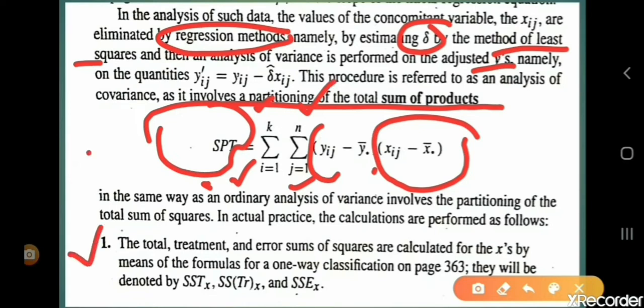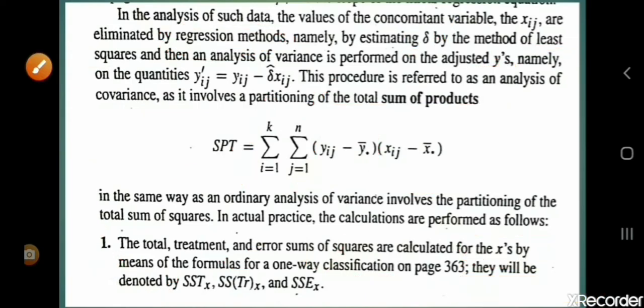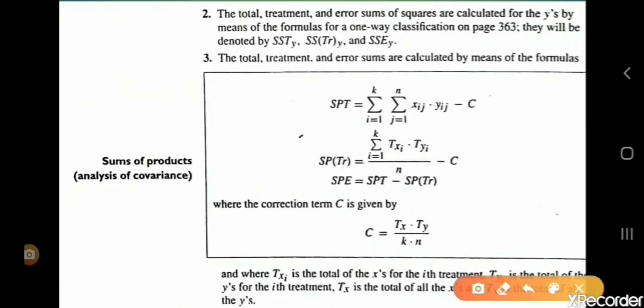Number 1: the total, treatment and error sum of squares will be calculated for x, by the same formula we were using for one way ANOVA. So we will calculate the total sum of squares for x, treatment sum of squares for x, and error sum of squares for x. Similarly, the next step is the total, treatment and error sum of squares for y, by the similar formula of one way ANOVA.